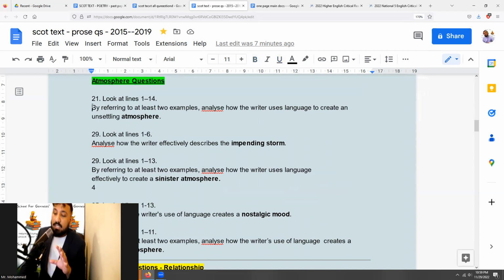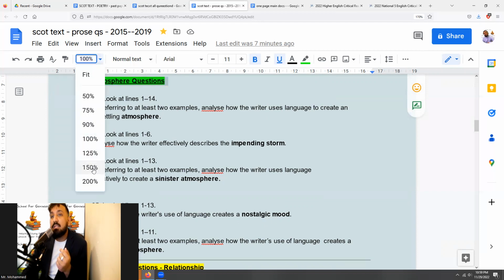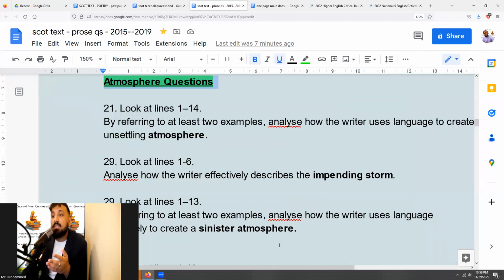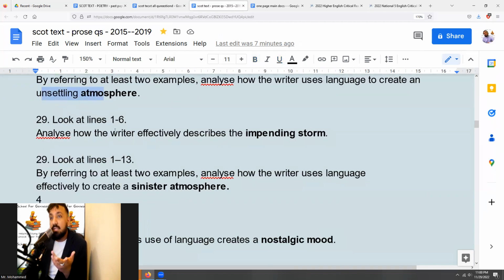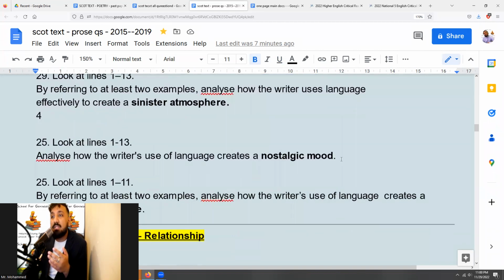So in terms of the categorization, the type of question that you could get, what you could be asked about is as follows. Number one, you could be asked an atmosphere question. It's usually worded something like, analyze how the writer uses language to create some kind of atmosphere, like an unsettling atmosphere, sinister atmosphere, impending storm, nostalgic mood.